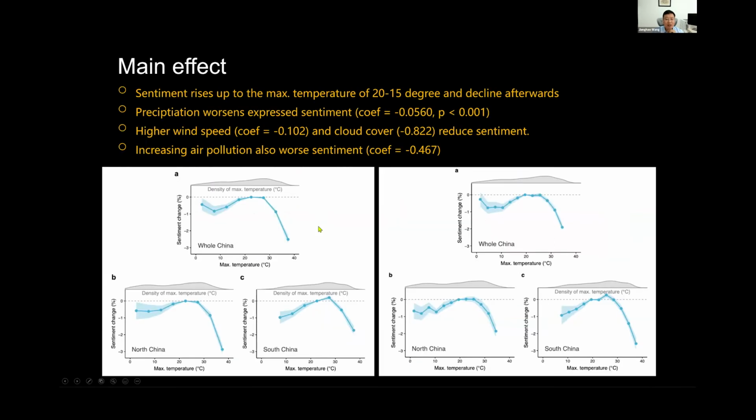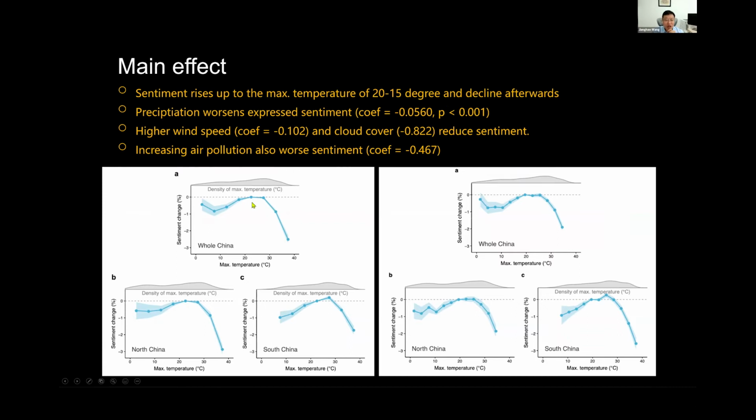We found some interesting patterns. For example, the sentiment rises up to a maximum temperature of 20 to 30 degrees and declines afterward.